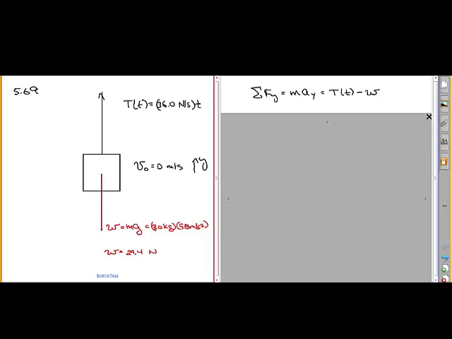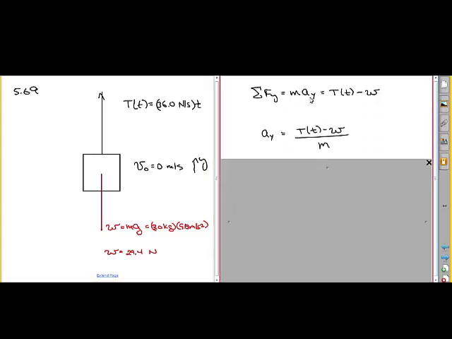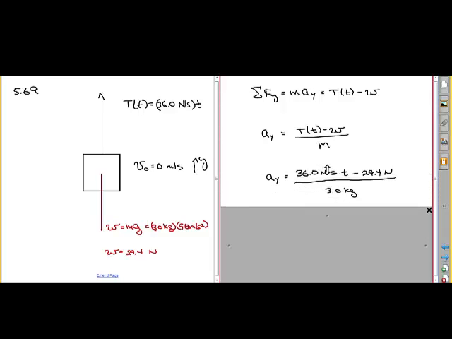Okay, so we're going to solve for the acceleration just like we had done previously. We divide both sides by the mass, so we get the tension as a function of time minus the weight, all over the mass. In this case, we're going to plug the numbers in. The tension is 36 newtons per second times t, and the weight is constant, divided by the mass.